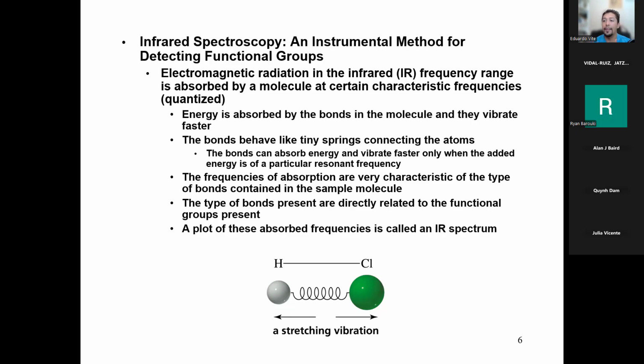Depending on where the absorptions are, that's going to tell us if it is an OH bond, a CN bond, an NH bond, a CO double bond, etc. So the bonds depend on the different sizes of the atoms, the polarities, and also the way that they symmetrically or asymmetrically stretch.